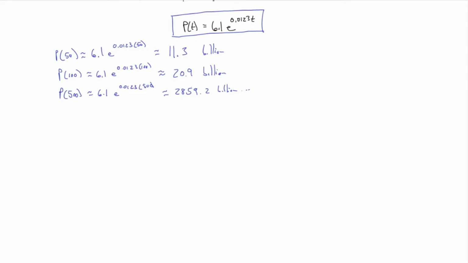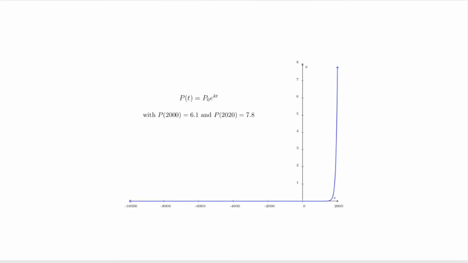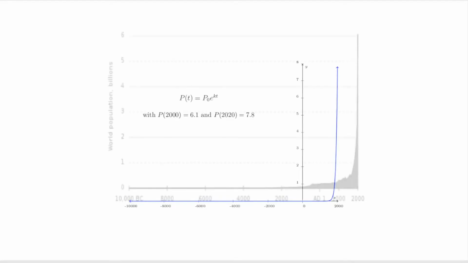And that seems rather ridiculous, and you say to yourself, that can't possibly happen. There must be something drastically wrong with our model. And if you look at a graph of our model starting in the year 10,000 BC and going up to approximately the year 2020, then it certainly does look ridiculous.